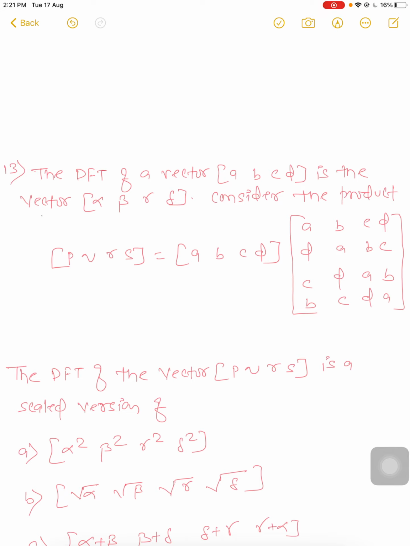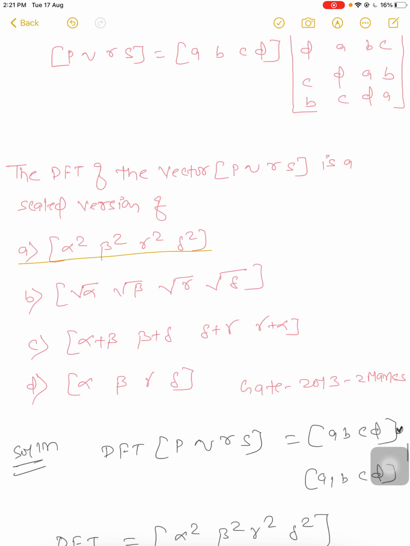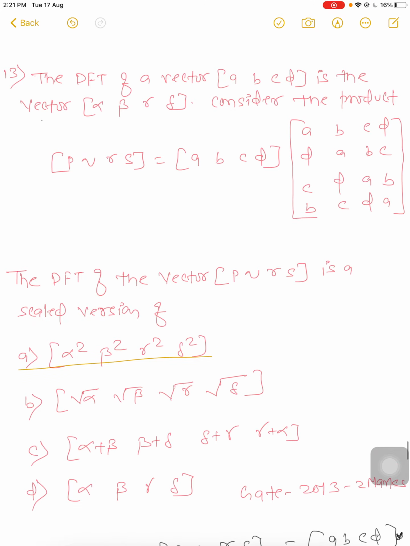The DFT of vector ABCD is the vector alpha beta gamma delta. So the DFT of PQRS is represented as the convolution of ABCD with ABCD.